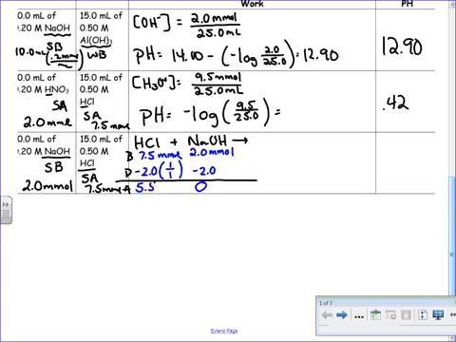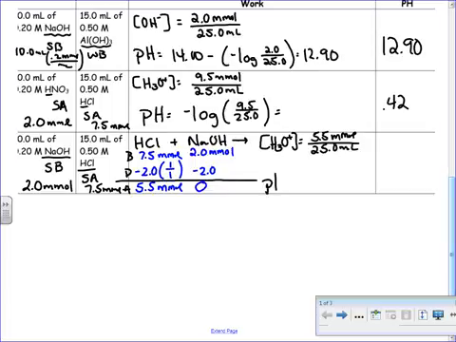5.5. So after the reaction, we have some salt, a neutral salt, and we have some water, and we have 5.5 millimoles of hydrochloric acid left over. So we know that we're going to solve for the concentration of hydronium. Hydronium concentration equals 5.5 millimoles of hydronium from our strong acid, divided by the total volume. 10 plus 15 is 25 milliliters.